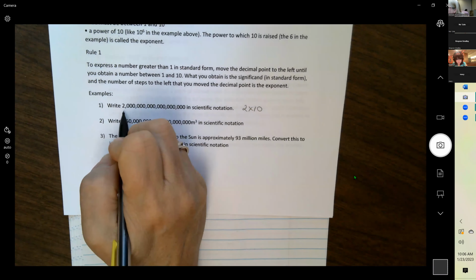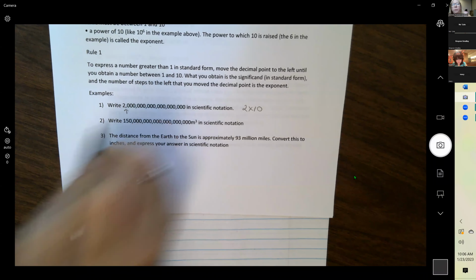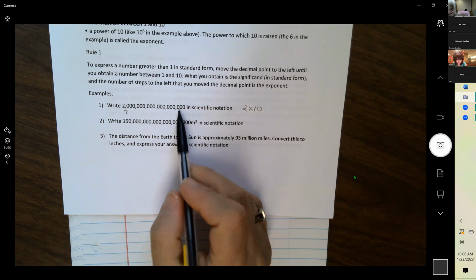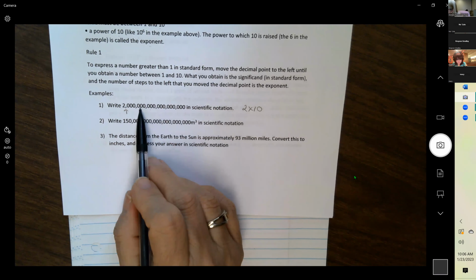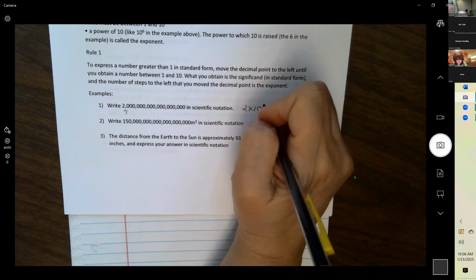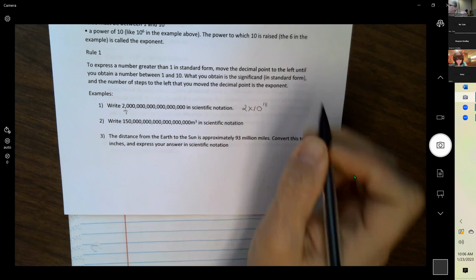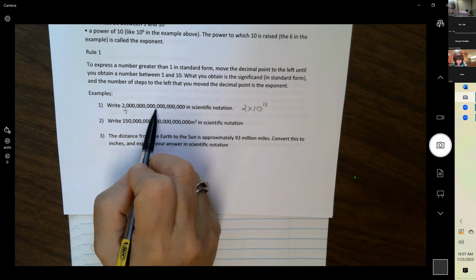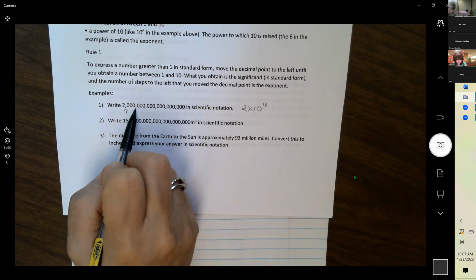So we want to put our decimal here. So we have a number between 1 and 10. So it's 2 times 10 to what power? Getting 18. 3, 6, 9, 12, 15, 18.